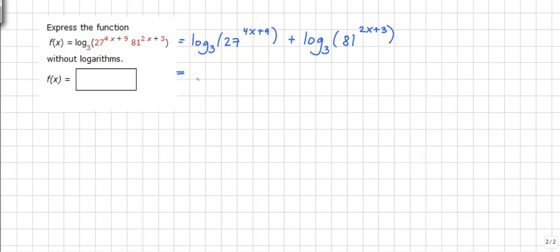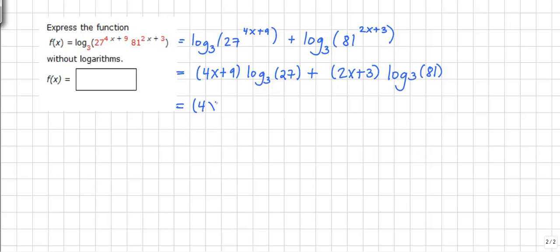And the logarithm of somebody to a power is the power times the logarithm. That's the third rule of logarithms. And then finally, the actual definition of a logarithm itself.